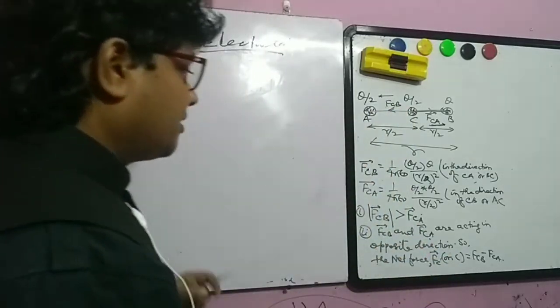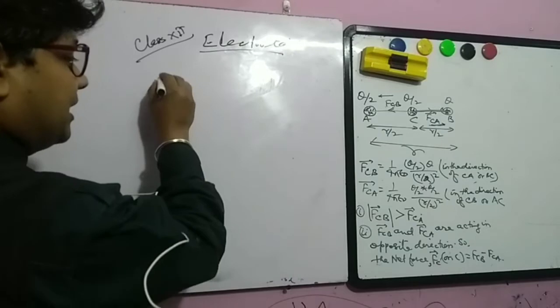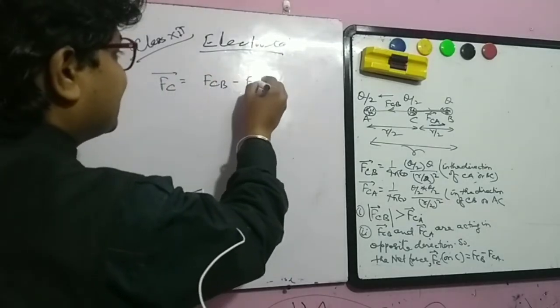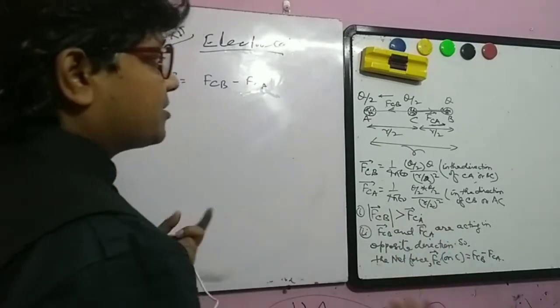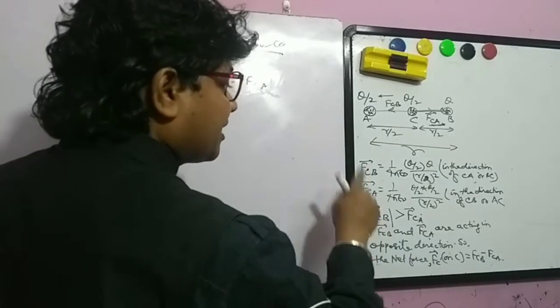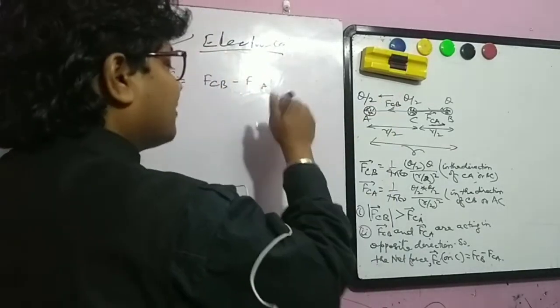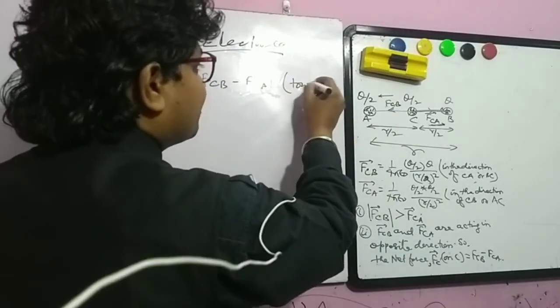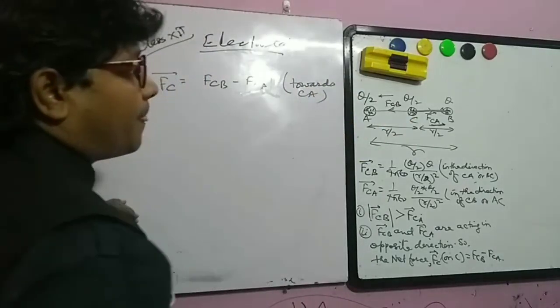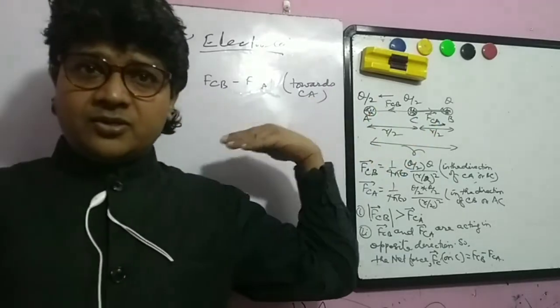And what will be the direction? Because this force is greater in magnitude, we have to take the direction of FCB, and the direction of FCB is towards CA.